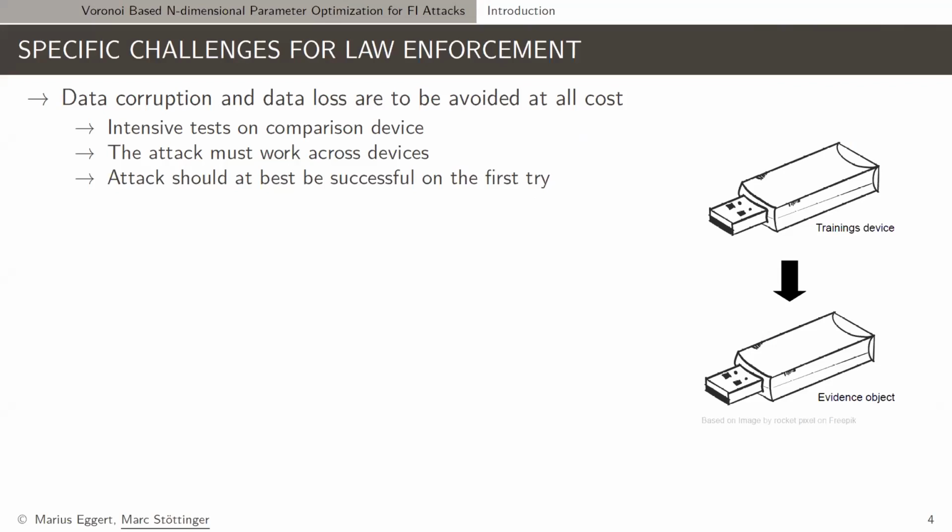So you need to get the data extracted on the spot, maybe by circumventing an if-else check, and not change anything else in the device, which seems quite hard. The way to achieve that is normally to have a similar training device. You train with this device, then you transfer your parameter set to the actual evidence device and hopefully extract the data. So it's something like a template setting, as in side-channel analysis.